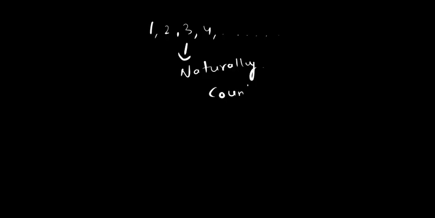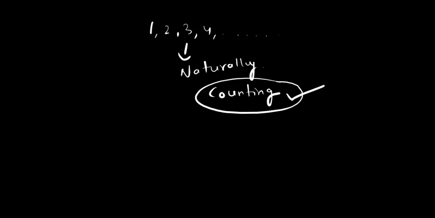See, one, two, three, four, and so on. Naturally we used them for counting purposes. I'm emphasizing counting purposes here. At that time, quantifying something was just done by counting.